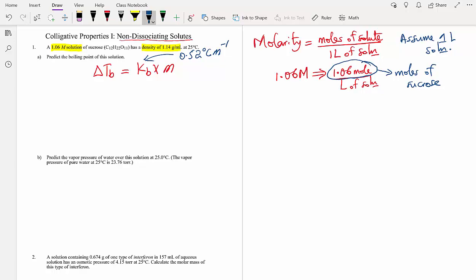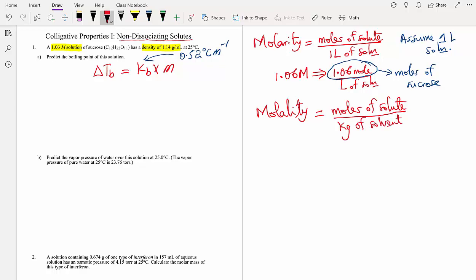Why is it important that we know the moles of the solute? The reason is because molality, which is what we need to find the change in the boiling point, is equal to moles of the solute divided by kilogram of solvent. So one piece of the puzzle is solved.